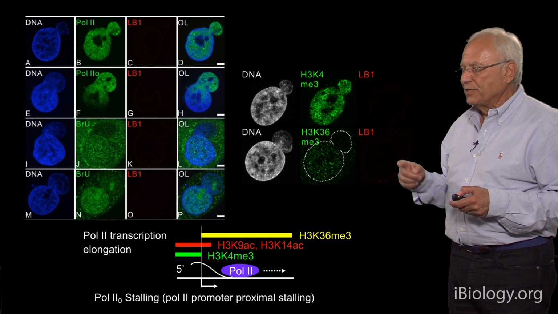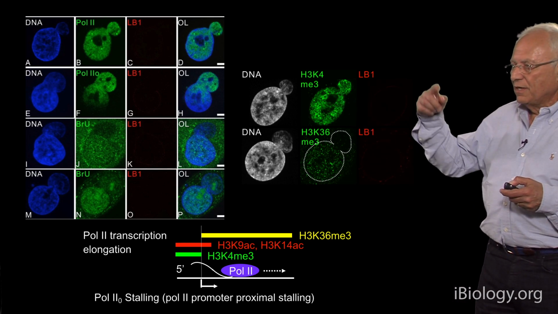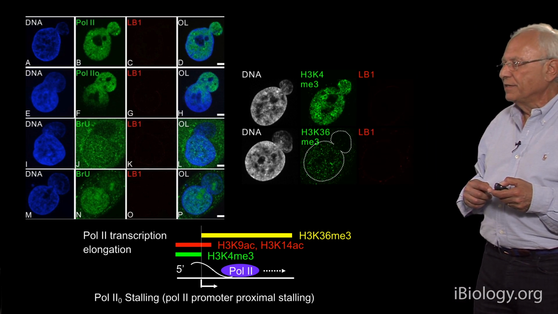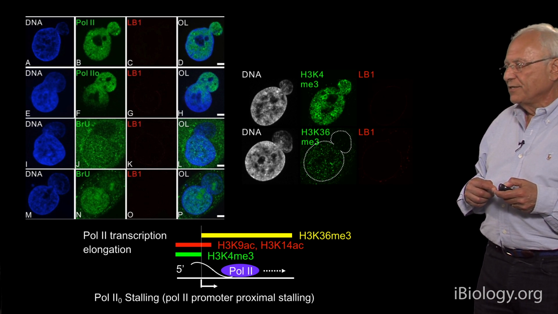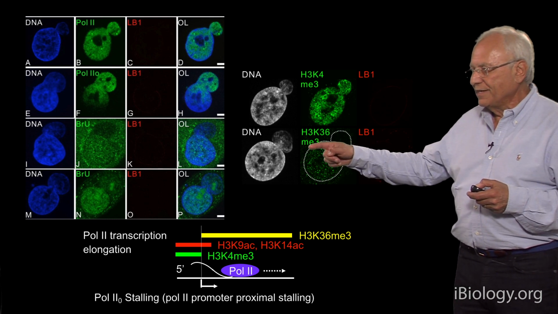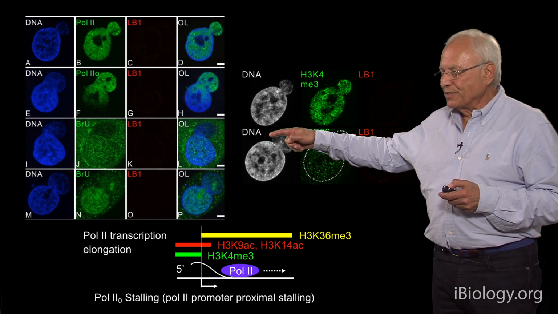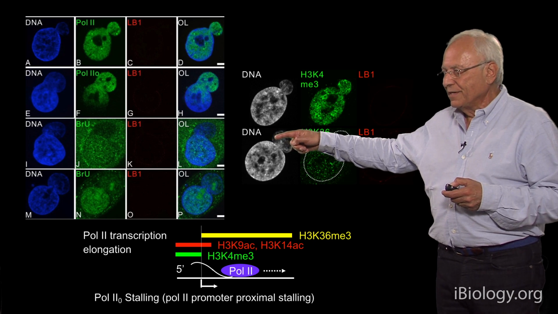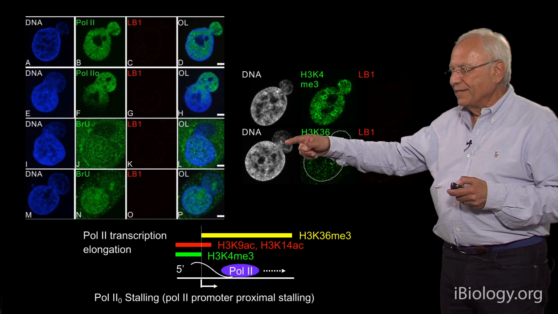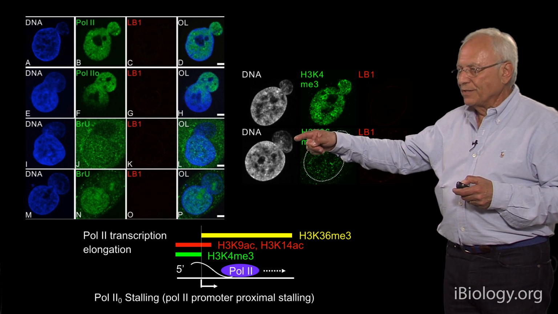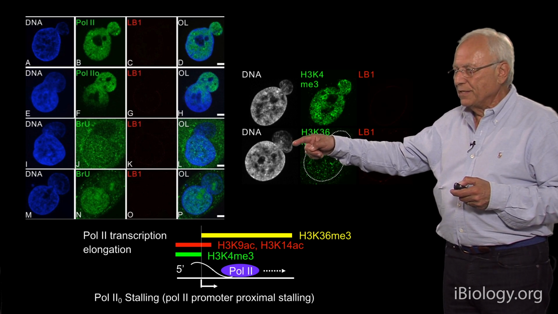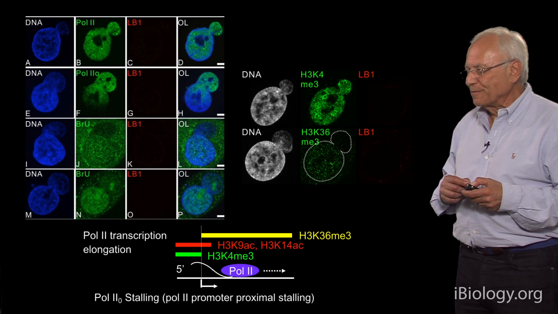And then we asked the question, since Pol II-O is concentrated in the bleb, maybe it's really transcriptionally active. So again, we used BrUTP incorporation to look at RNA synthesis in blebs. And if you look at that third row of images, you'll see that BrU is greatly reduced, barely detectable in the bleb, whereas it is detectable in the rest of the nucleus.